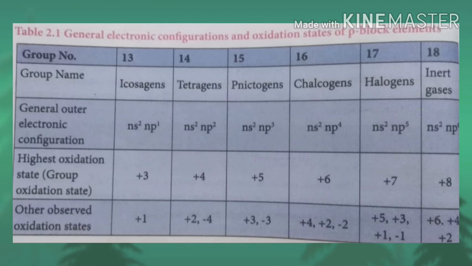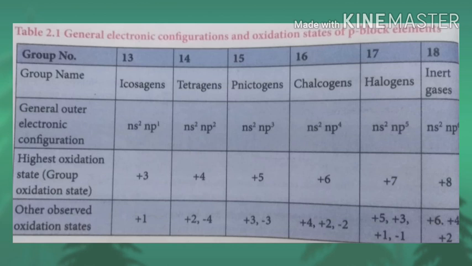Now come to the oxidation state. For the 13th group, the highest oxidation state is +3. Just see the configuration, it is ns2 np1, so totally 3 electrons are there in the outermost shell. Therefore, the highest oxidation state is +3. In the 14th group, it is +4; 15th group, +5; 16th, +6; 17th, +7; and the 18th is +8.